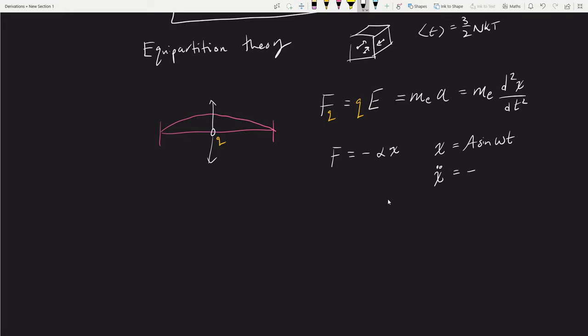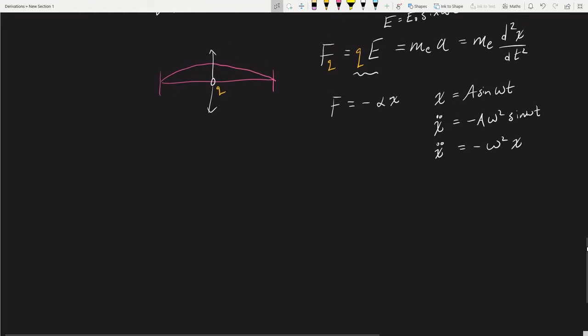It's going to be negative a omega squared sine omega t. So it's pretty obvious that there's a factor of negative omega squared, and then we get x back. So this is not hard to see, and we already know that our force is going to be Q times E, and E in this case is an oscillating function, right? We recall this.